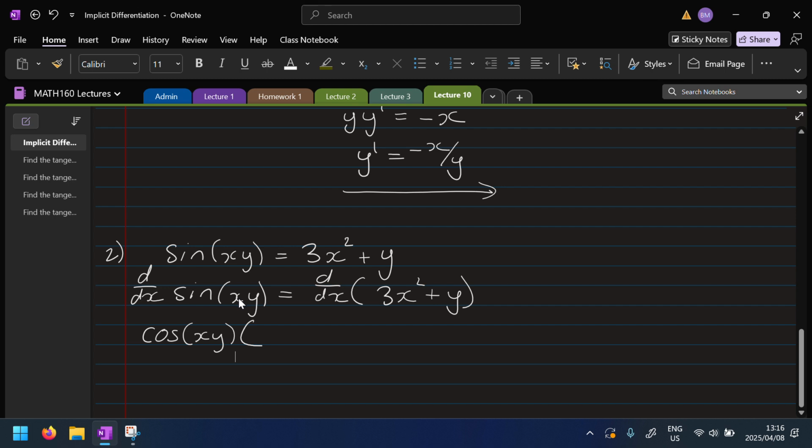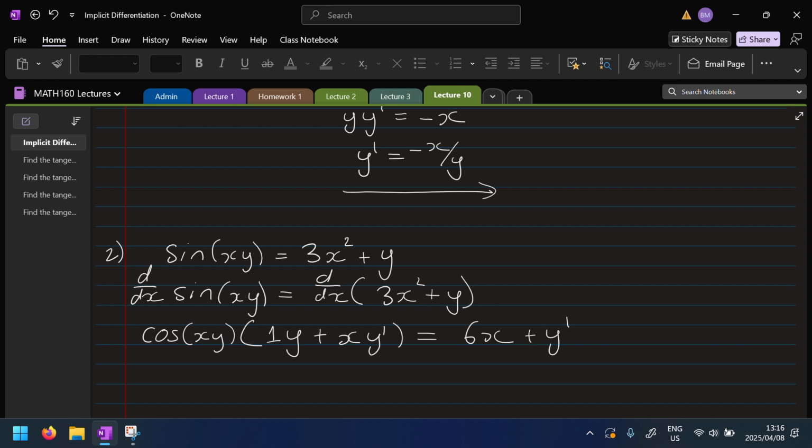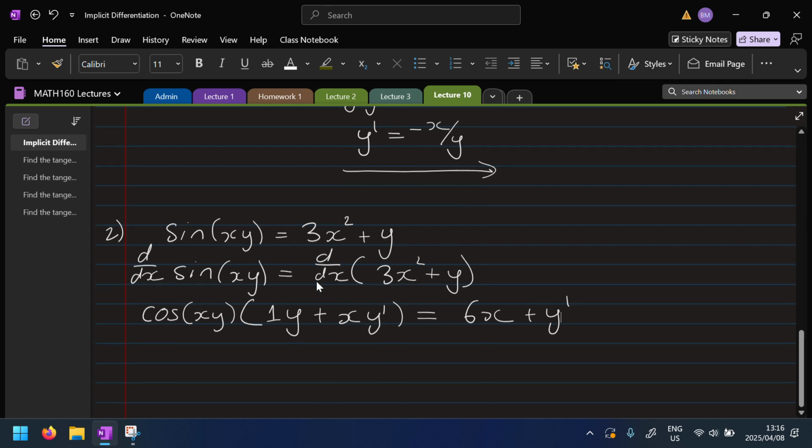So we take the derivative of the x, that's going to be a 1, we leave y alone, plus we leave the x alone, and then take the derivative of y, that's y prime. And then on the other side, like we said before, 3x squared, that will be 6x, and y will become y prime.